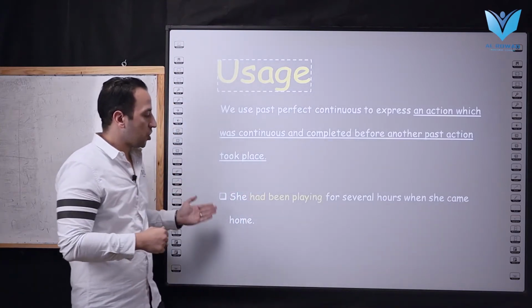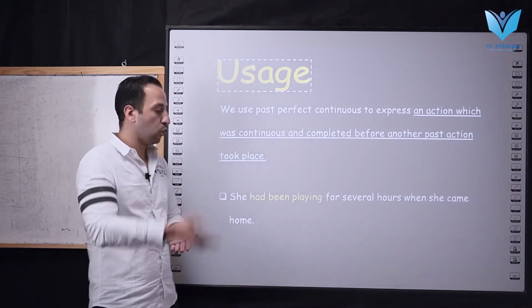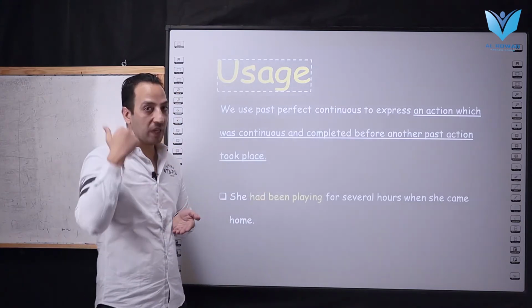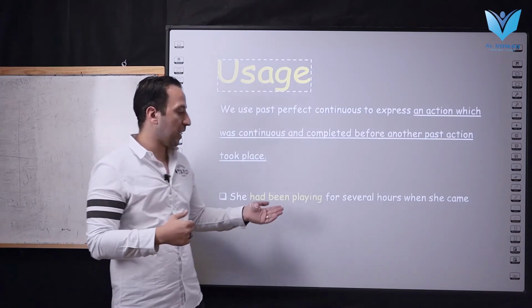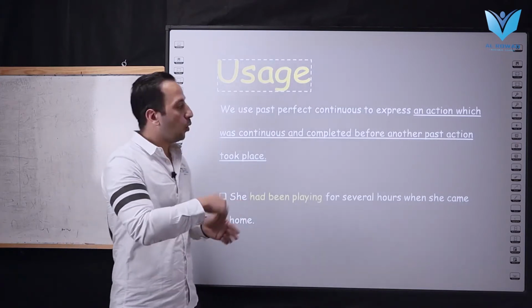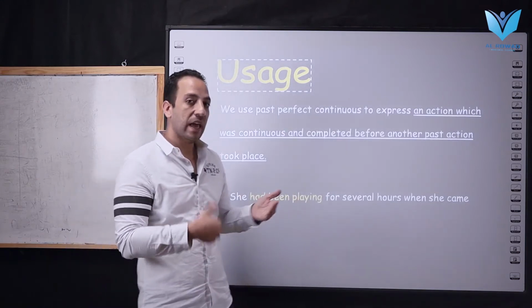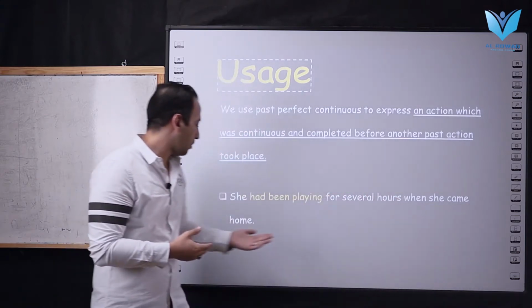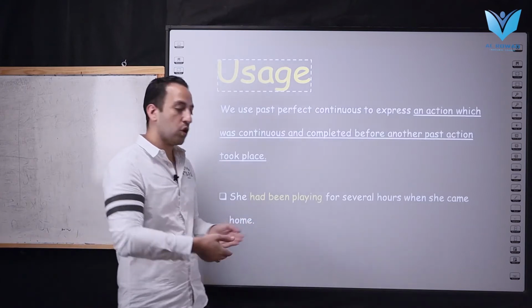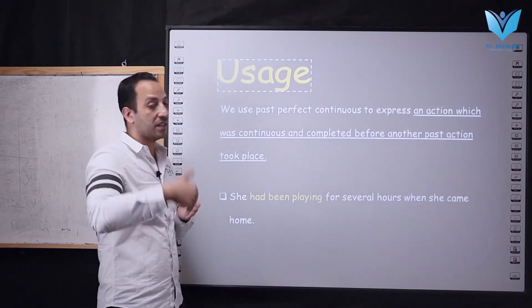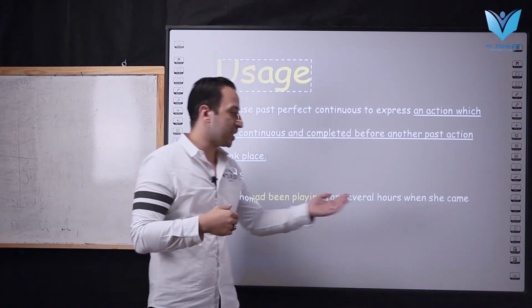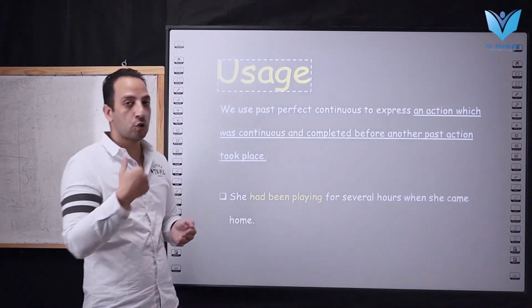So, for example, she had been playing. This action was happening and completed in the past. She had been playing for several hours, when another past action took place. What is this action? When she came home. So this action was continuous in the past and completed in the past, and there is another action that happened also in the past.